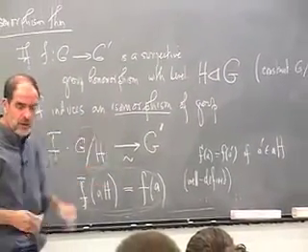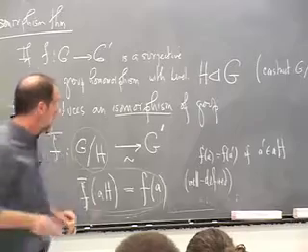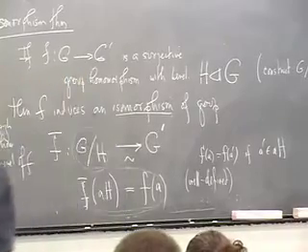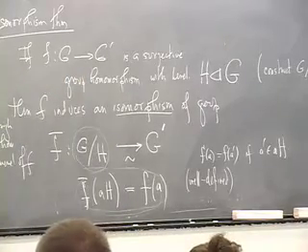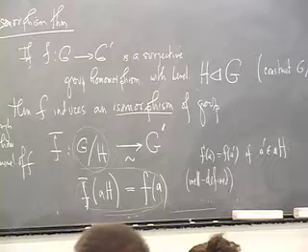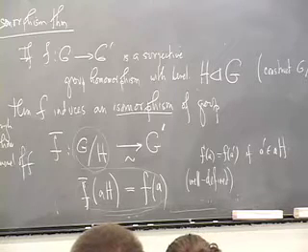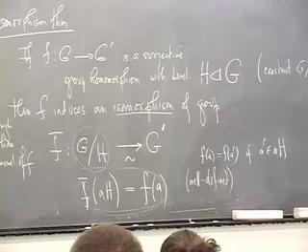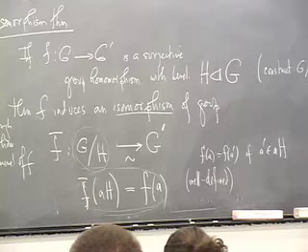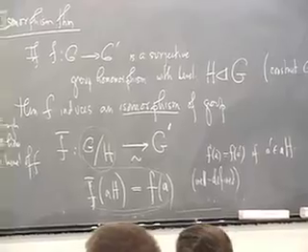Now I'm going to give you a little bit of notation now, and also a little bit of warning about it. So I'm going to tell you what an exact sequence of groups is.